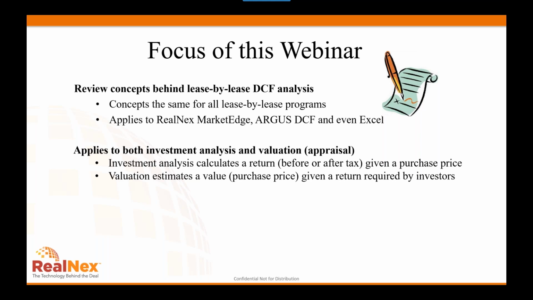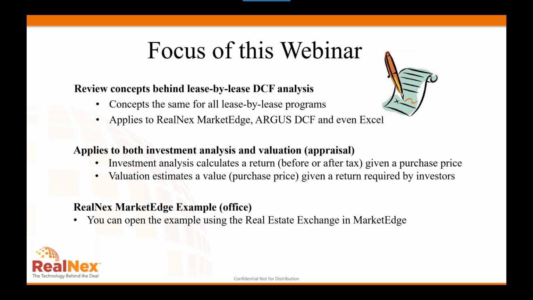If it's the typical investor that we're looking at and the rate of return a typical investor would want, then it would be a market value. But we could also make assumptions about what we think is going to happen in the market that may be different than the typical investor. And that would be more of what we call an investment value for the property.